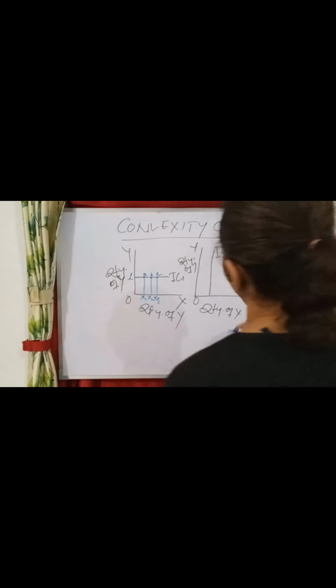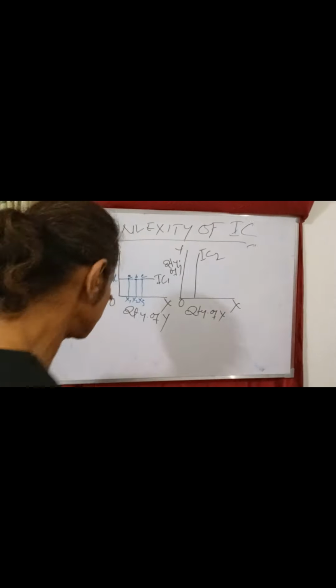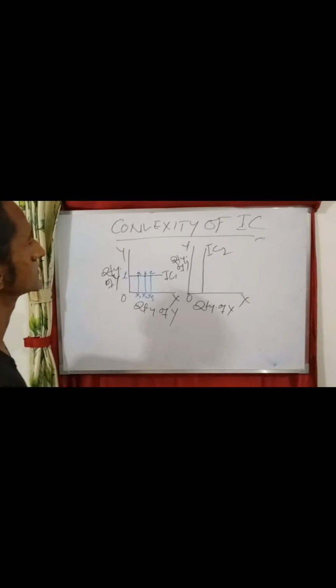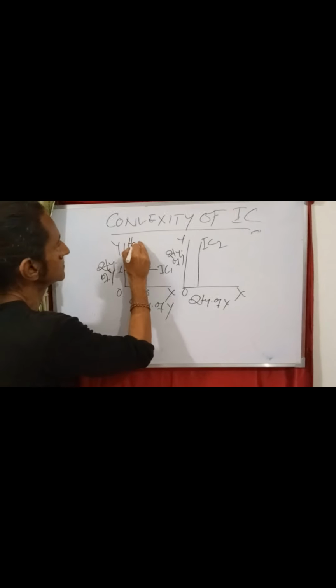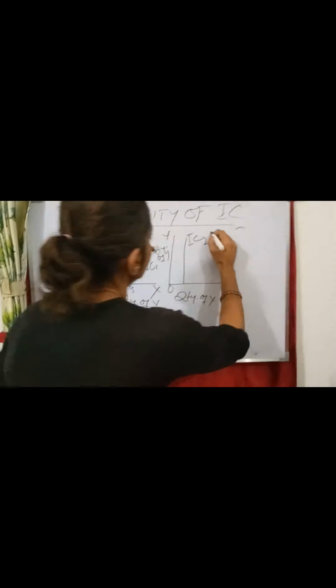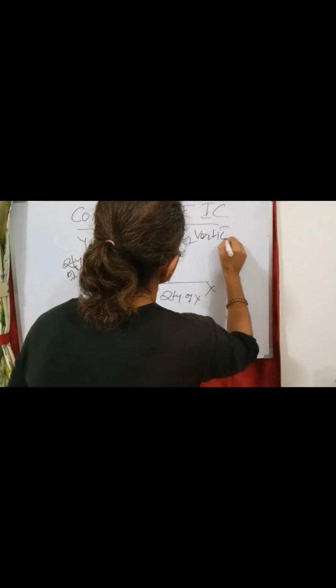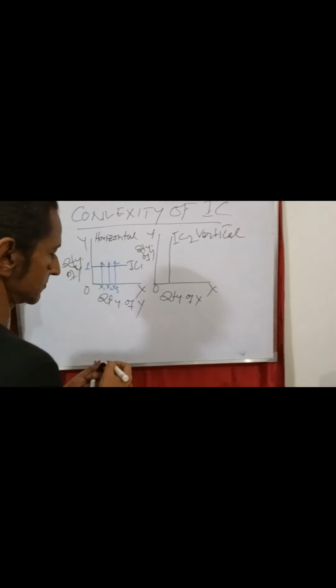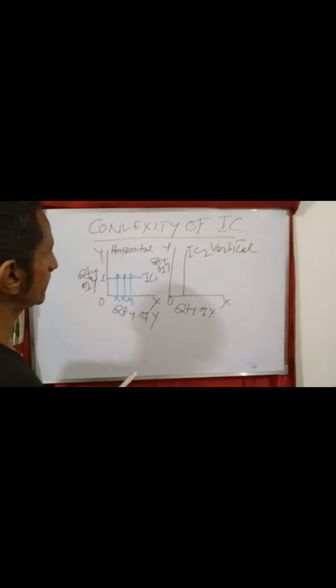Now take this vertical one. This one is horizontal. This is vertical. Now consider this vertical IC.